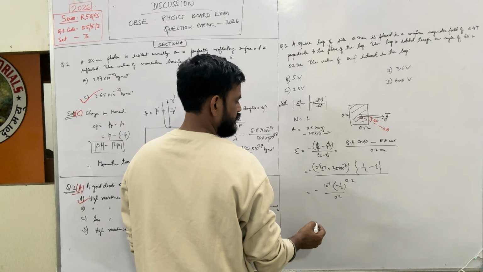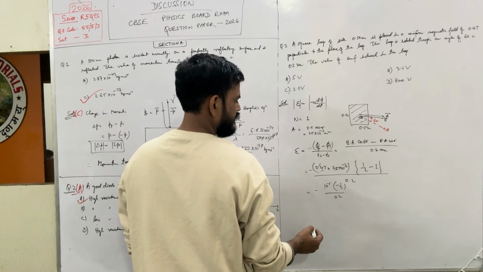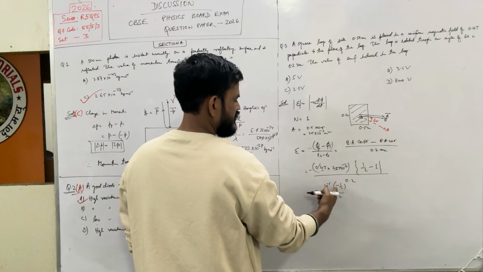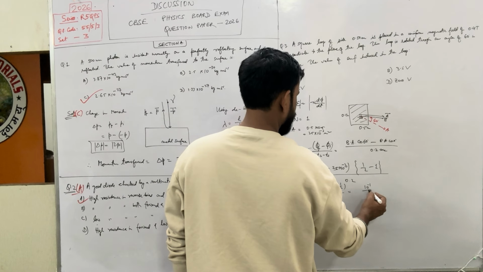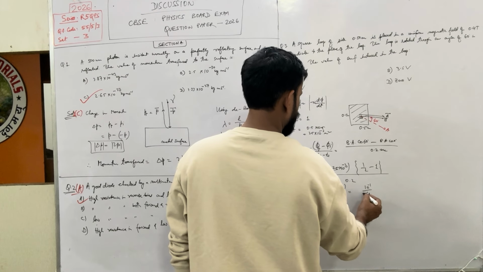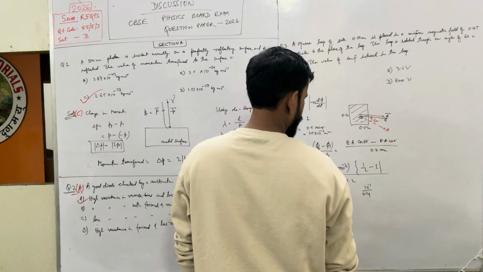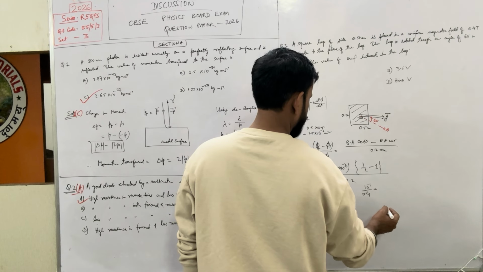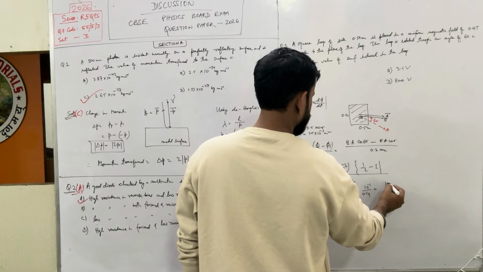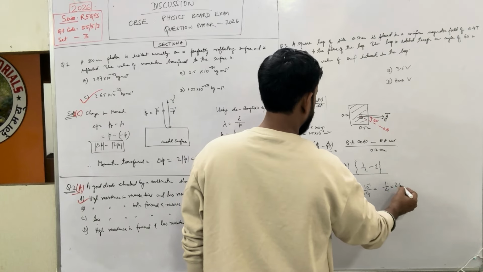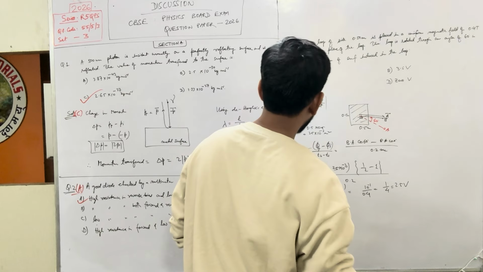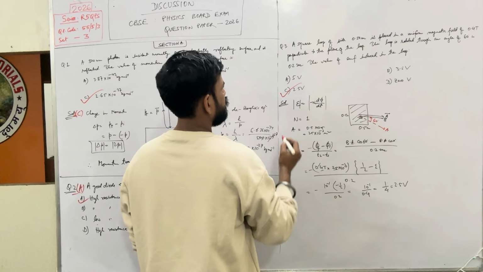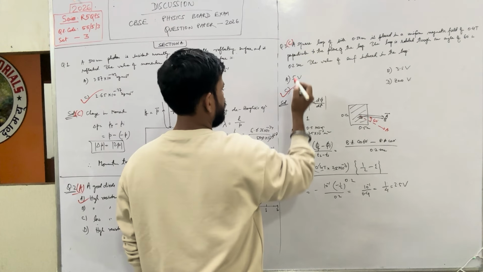So 10 to the power minus 1 divided by 0.4, so it becomes 1 by 4, it is 2.5 volt. So the correct answer is 2.5 volt. C will be the answer.